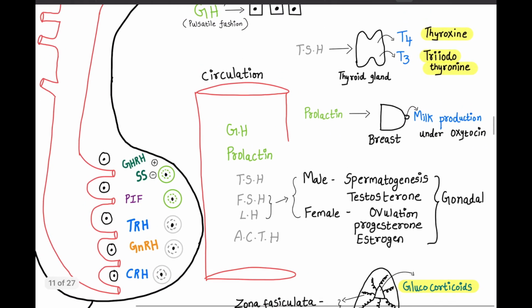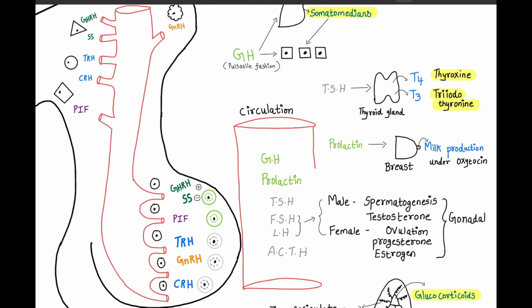TSH, thyroid stimulating hormone, acts on the thyroid gland and it produces T4 and T3, that is thyroxine and triiodothyronine.